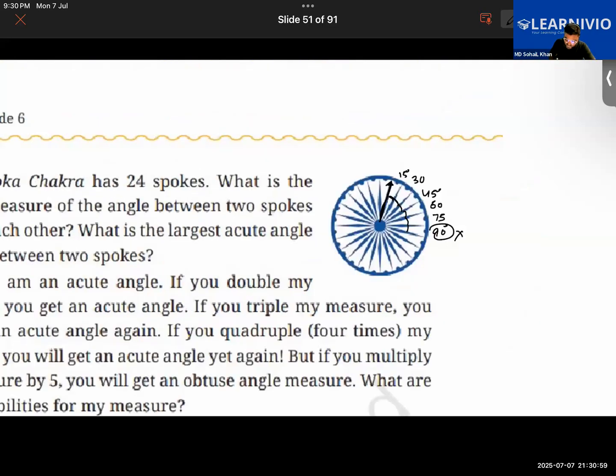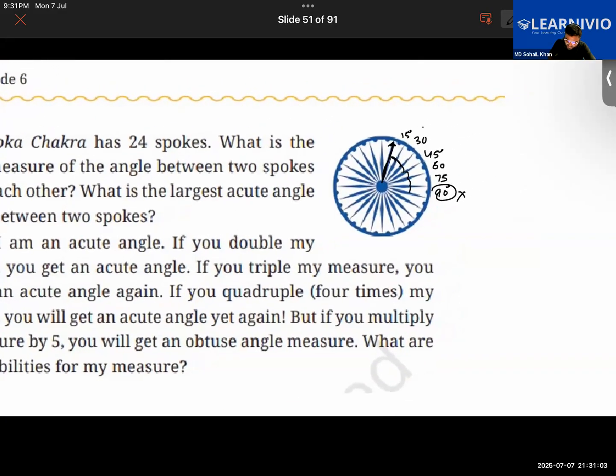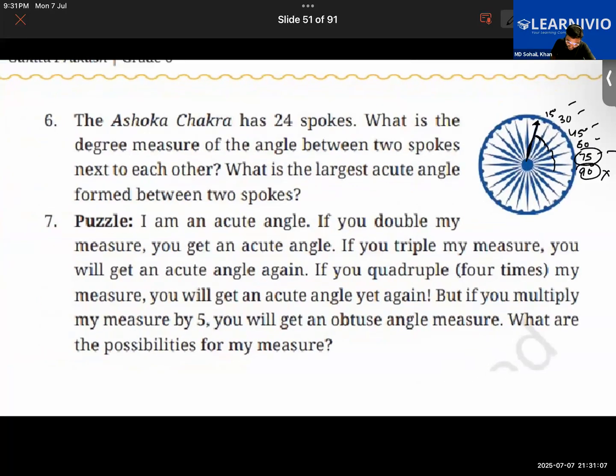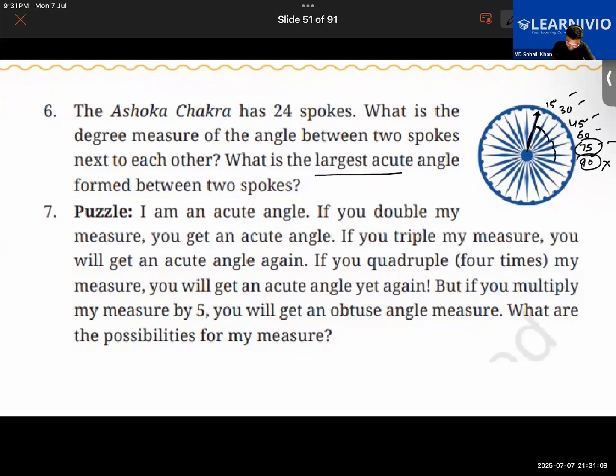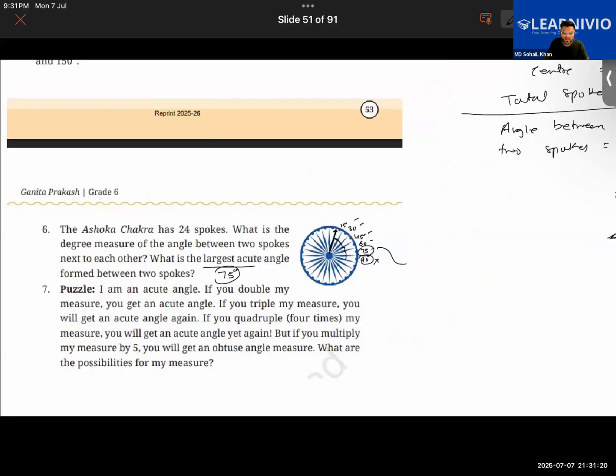So out of 15, 30, 45, 60 and 75, 75 is the greatest acute angle here. So the largest acute angle possible is 75 degrees, between this spoke and this spoke here. Hope it's clear. Yes, sir.